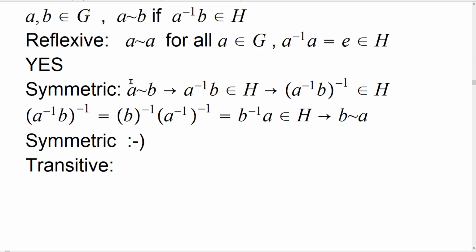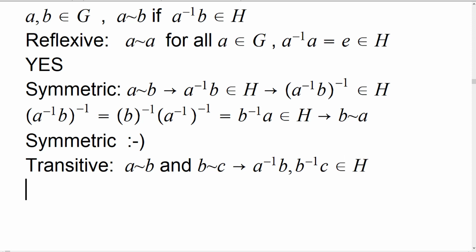We need that if A is related to B for elements in G, and B is related to C, again C an element of G, then A is related to C. First of all, what these mean is that A inverse B and B inverse C will be in H. So what we have to show is that A inverse C will also be in H.